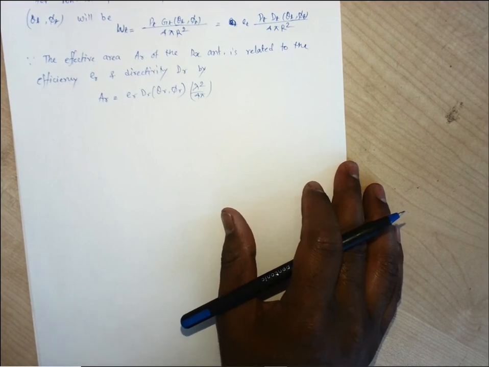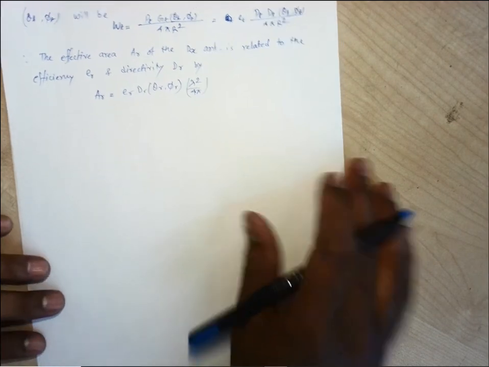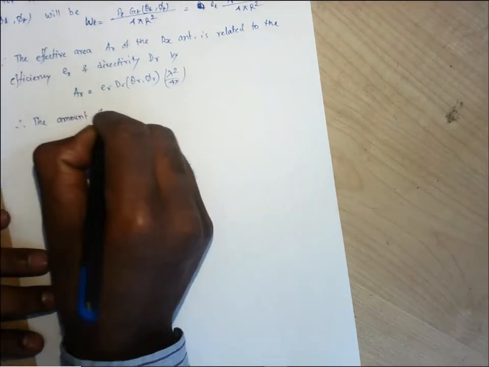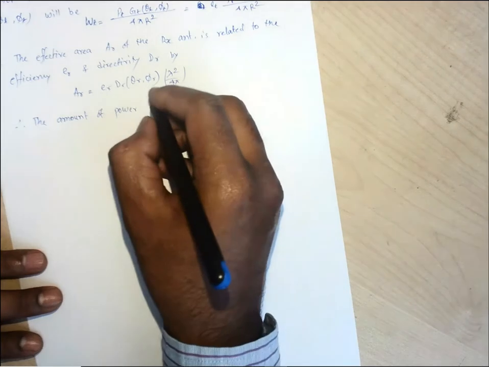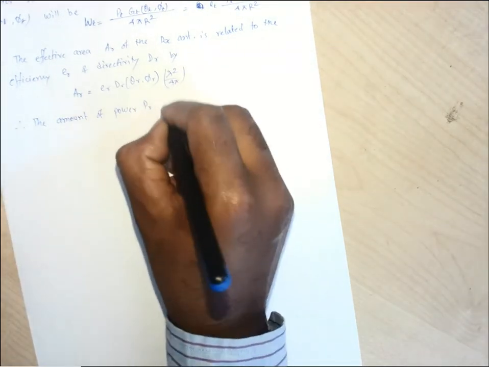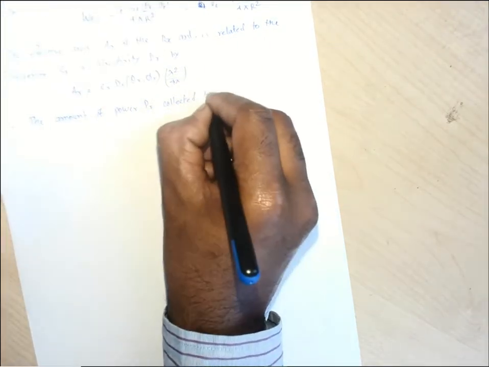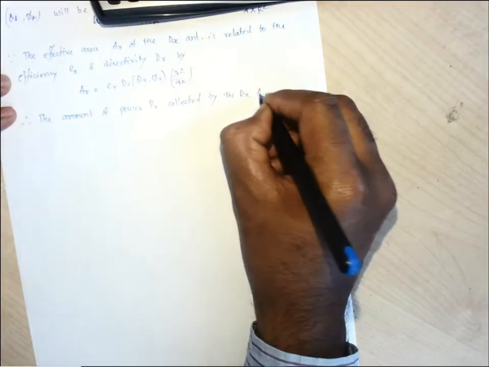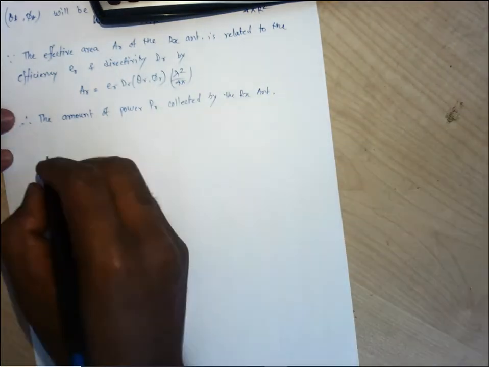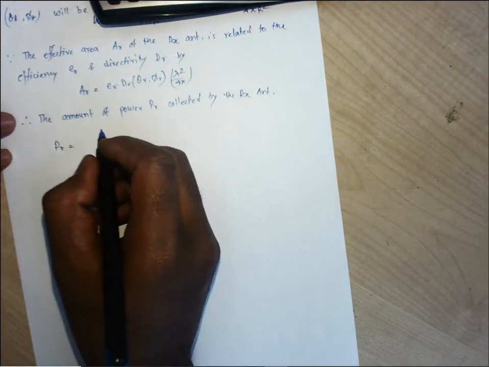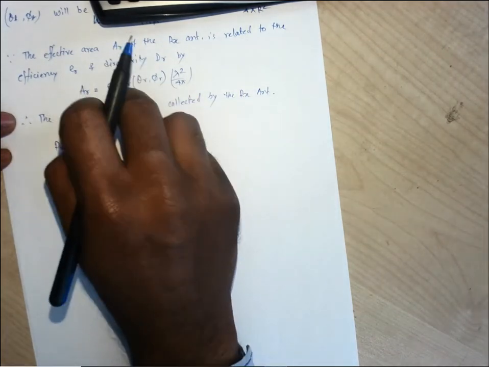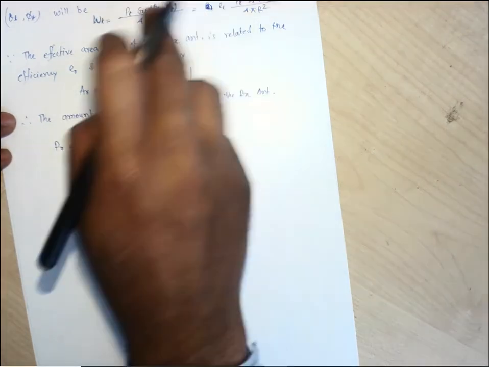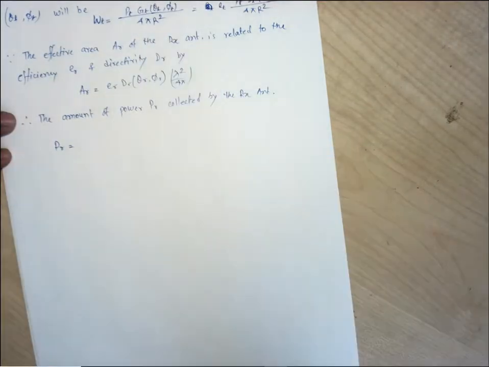So the amount of power P_R collected by the receiving antenna is the aperture area multiplied with W_T, the radiation density, and obviously that will be the power.